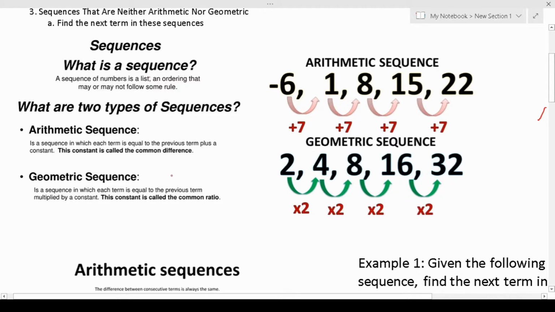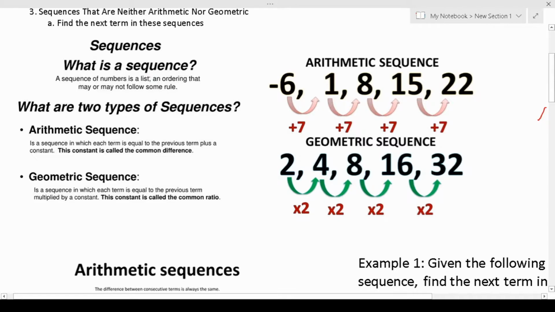On the other hand, a geometric sequence is a sequence in which each term is equal to the previous term multiplied by a constant, and this constant is called the common ratio. And as we can see in this example, we have a list of numbers that go from 2 to 32, and to go from 2 to 4, we have to multiply by 2.